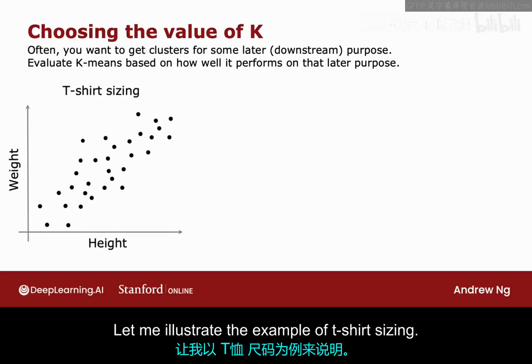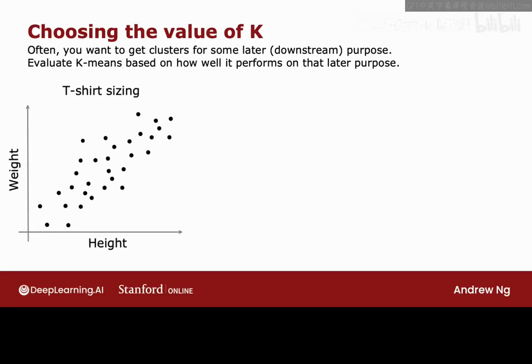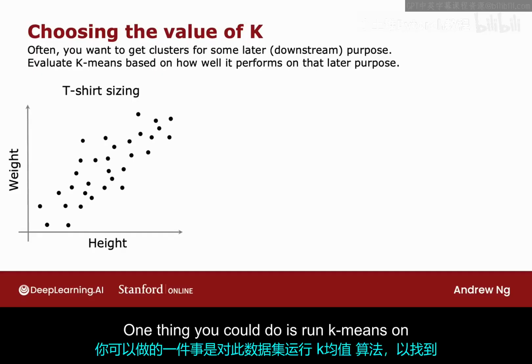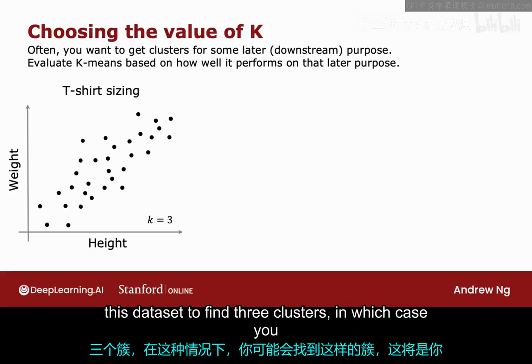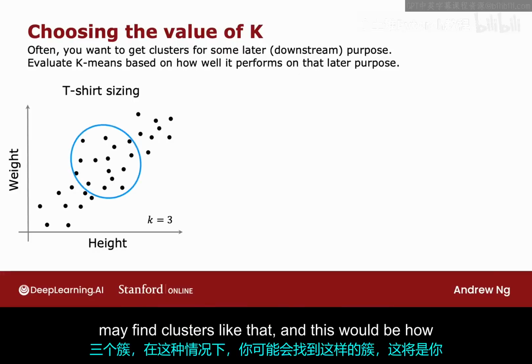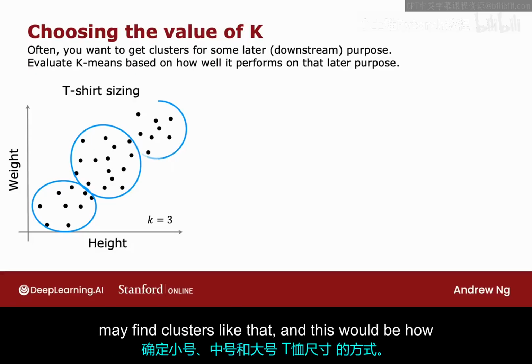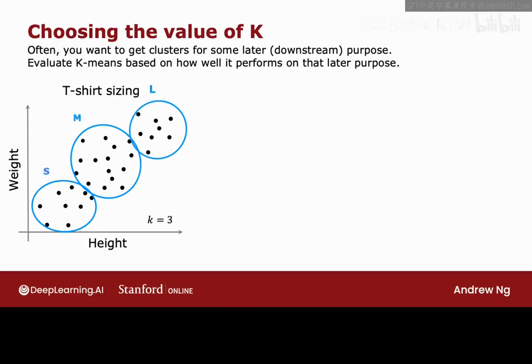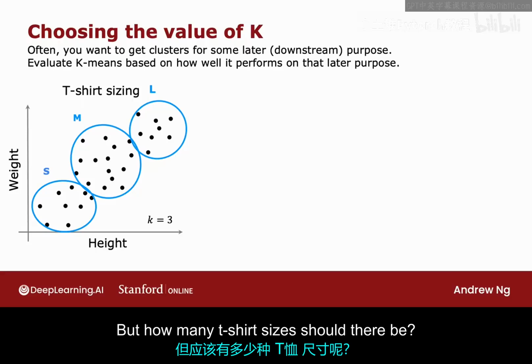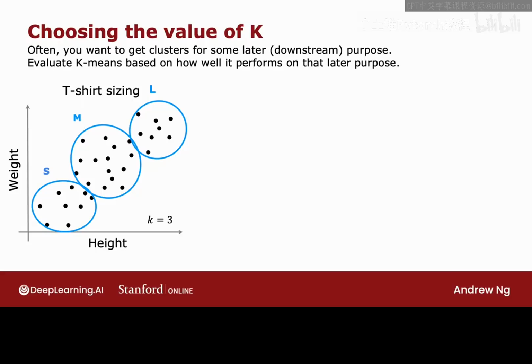Let me illustrate with the example of t-shirt sizing. One thing you could do is run k-means on this data set to find 3 clusters, in which case you may find clusters like that, and this would be how you size your small, medium, and large t-shirts. But how many t-shirt sizes should there be? Well, it's ambiguous.